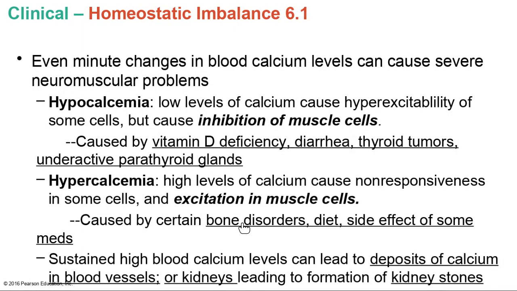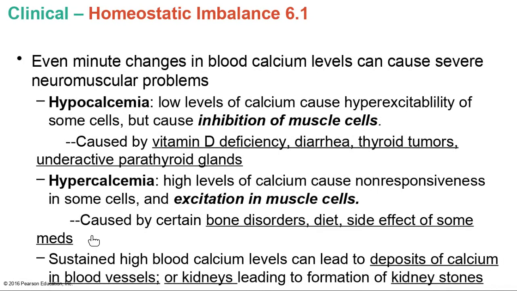Now, what can cause this? Well, certain bone disorders. If we're having problems with, for example, our osteoblasts, maybe we're not doing bone deposition properly, which can be associated with certain bone disorders. Diet, of course. If you're having too much calcium, too much of anything is a bad thing.